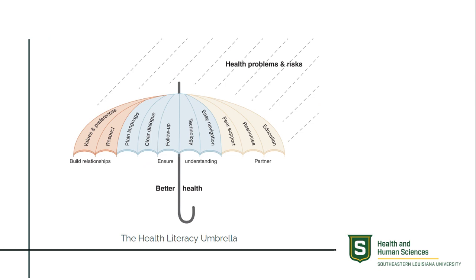A person who has all of this or most of it is able to build a relationship with healthcare providers, ensure that they follow up on health appointments, understand the information that the health professionals are telling them, and partner more with the healthcare provider and the healthcare system, so that they are more informed patients.